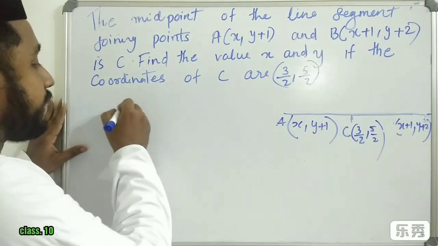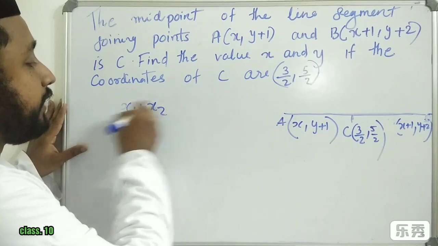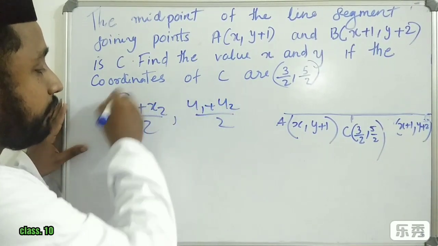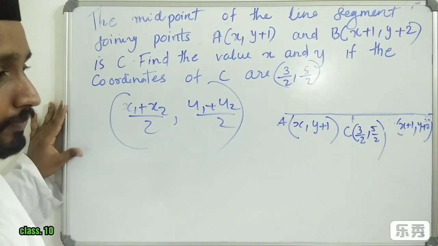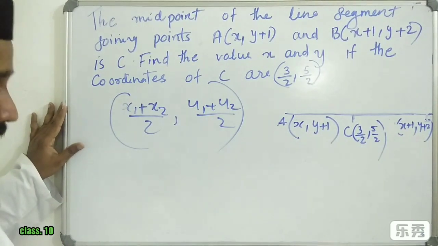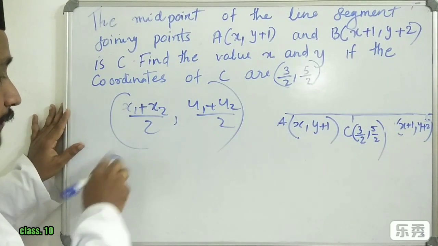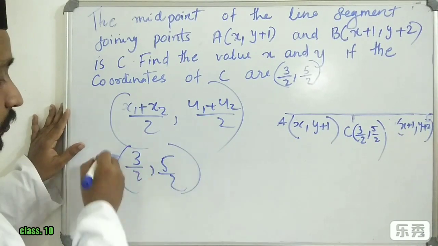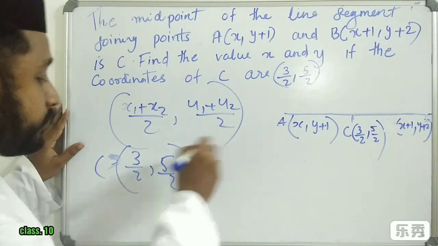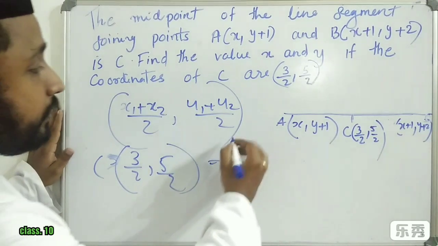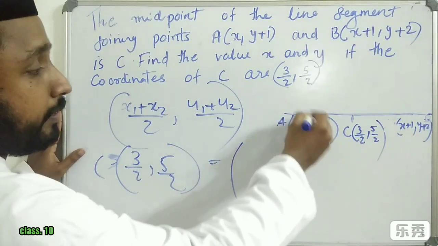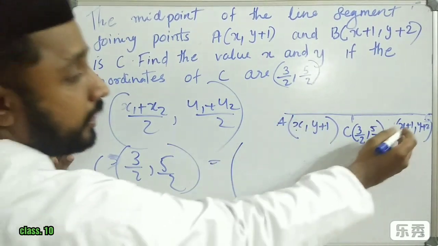We know x1 plus x2 by 2, y1 plus y2 by 2 is the midpoint formula. Here C is 3 by 2, 5 by 2, which is equal to x1 plus x2 by 2. Here in place of x1, x, and x2 is x plus 1.